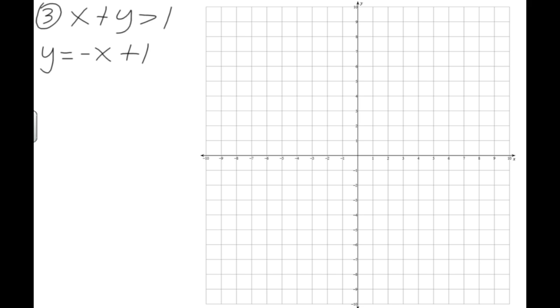Here I have x plus y is greater than 1. When I rewrite it, I get y equals a negative x plus 1. My intercept is at 1, and my slope is a negative 1. So it will appear this way. I have a greater than symbol. It does not include the line, so it's going to stay dashed.